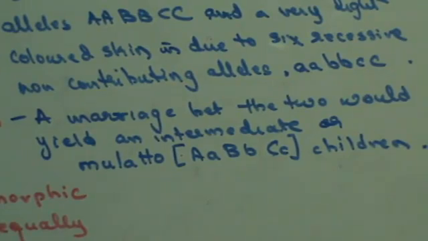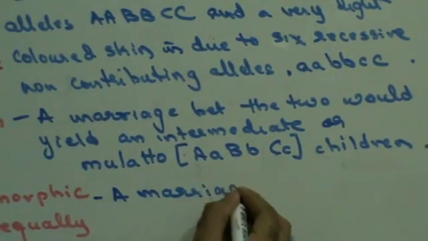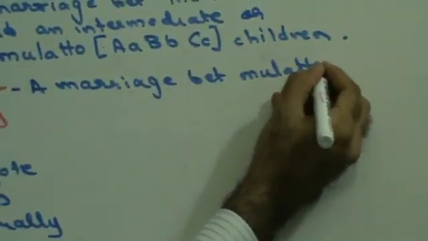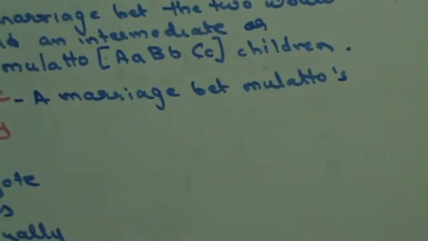Now let's come to the F2 generation. Suppose I had marriage between the mulattoes, right? A marriage between mulattoes would produce 7 different phenotypes and 27 different genotypes of skin color.